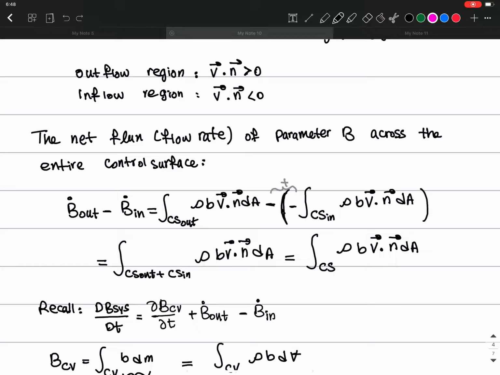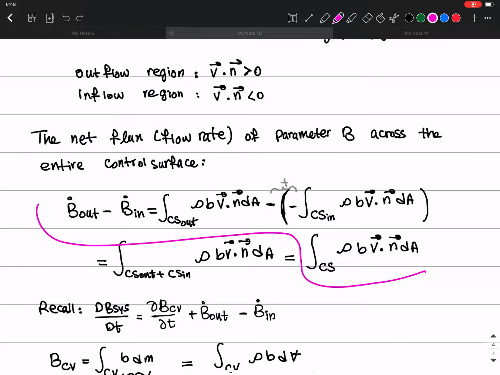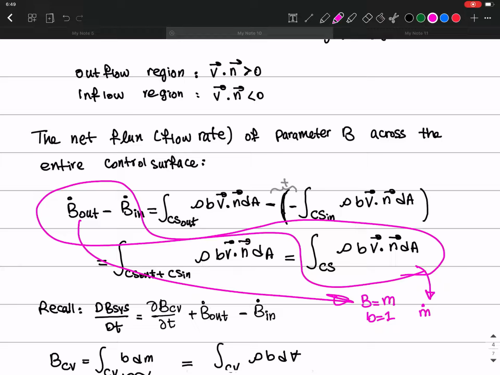Let me show it with this color. Just look at these two. This integral is B dot out minus B dot in, and here we have set capital B equal to m, and small b to 1. So in essence, this integral equals m dot out minus m dot in. So instead of B, I should write m.